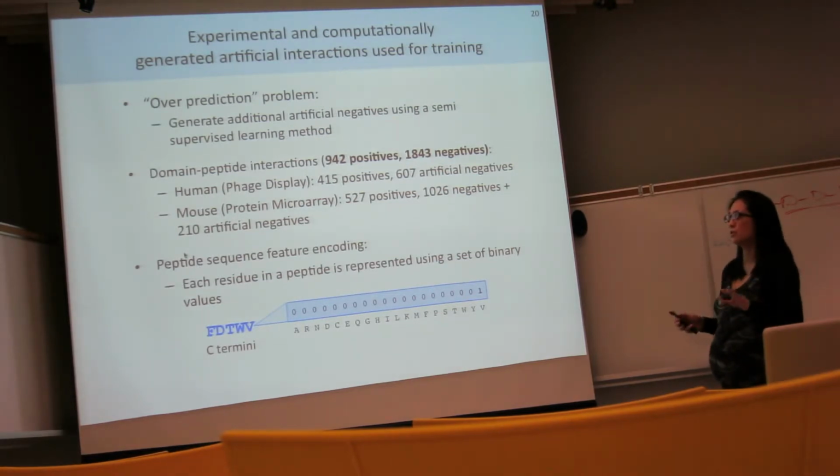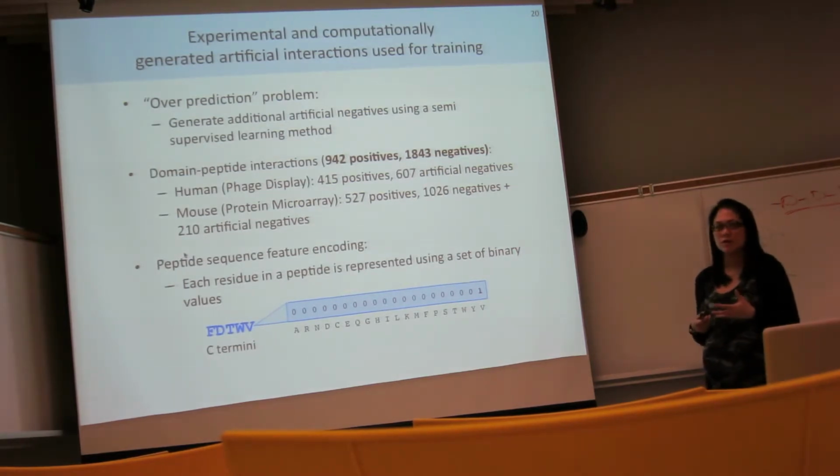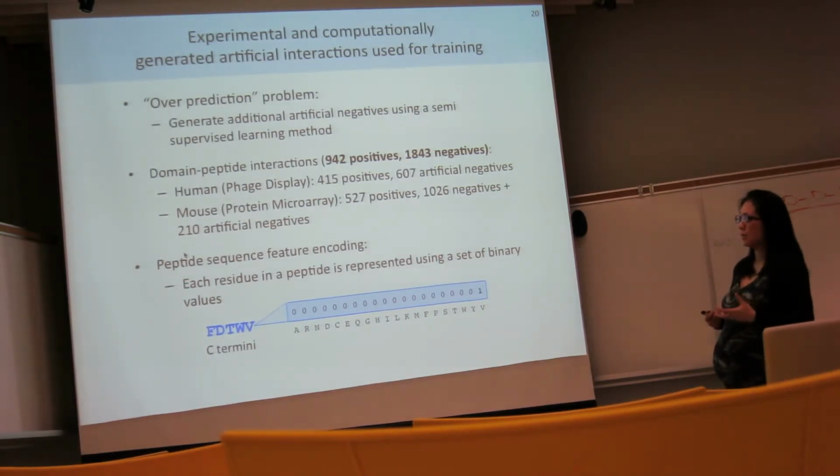This problem we termed overprediction, and we eventually discovered that it probably had to do with the fact that the negative interactions that we were using don't adequately represent all types of negatives. So we generated additional artificial negatives for training using a semi-supervised learning method. In the end, we ended up with 940 positives and 1,800 negatives.